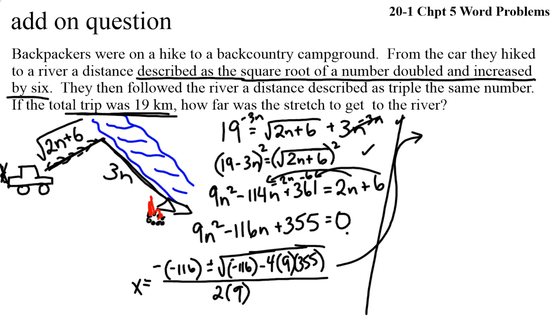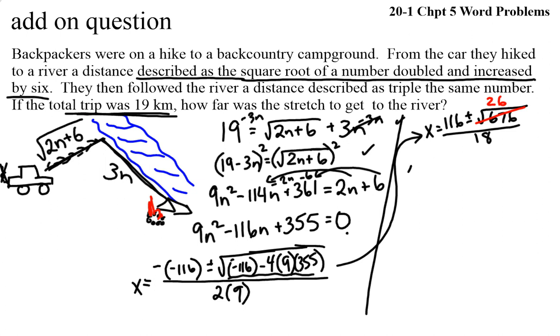At that point, do the work, get your radical value. We end up with 116 plus or minus the square root of 676 over 18, which tells us what's nice. The square root of 676 is actually nice because it is a whole value, which is 26.